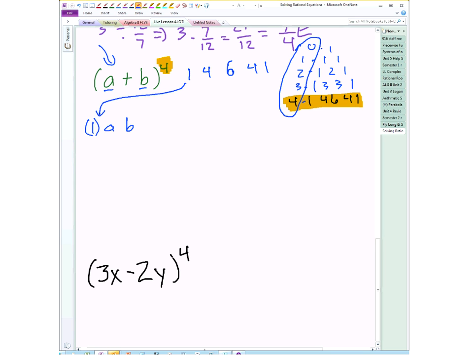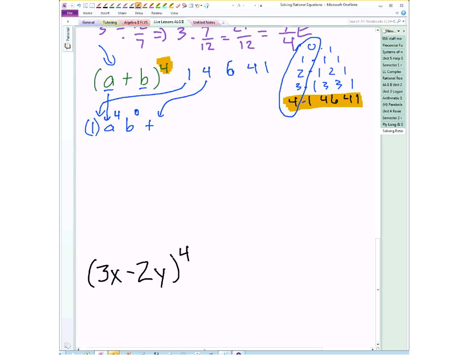This is going to take you some practice. Don't get discouraged when you see the complexity of this. My first term here, A, is going to have a degree of 4, and this is going to have a degree of 0, because 4 plus 0 equals 4. Every term is going to have a degree of 4. It's going to start to clear up a little bit as I move through it here.